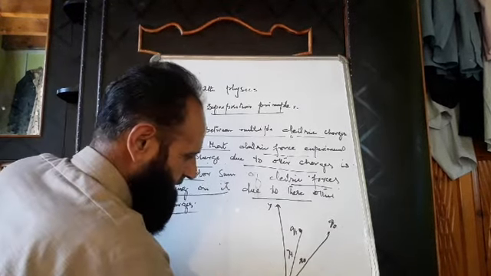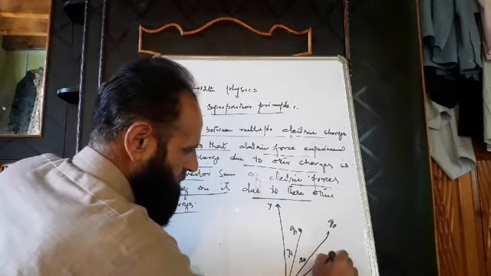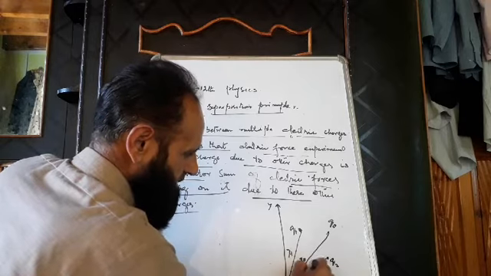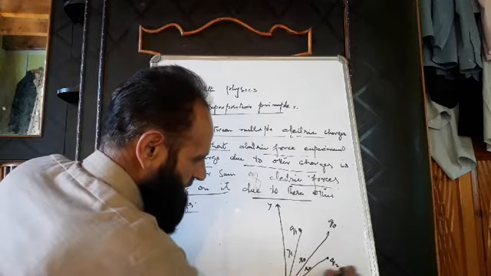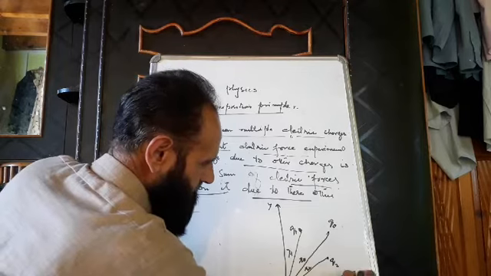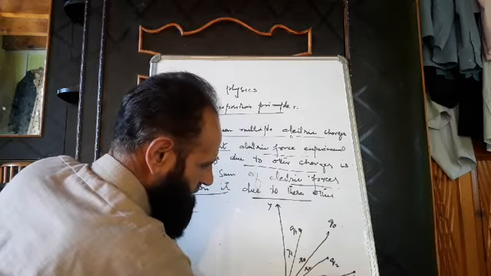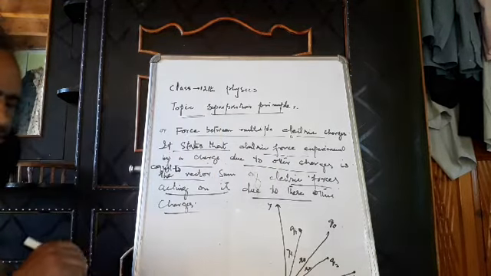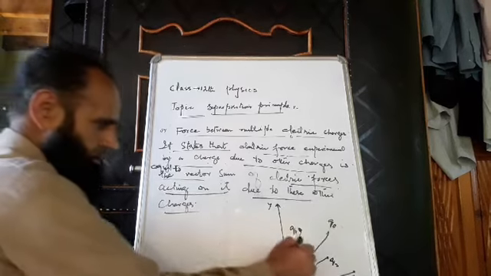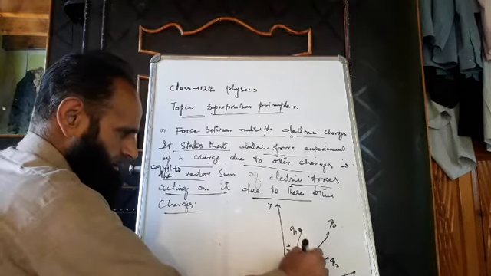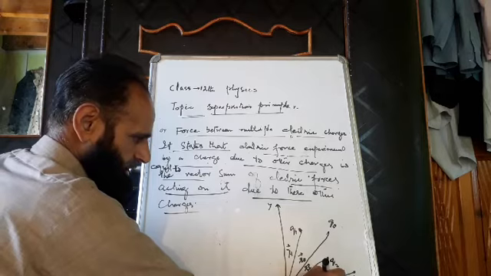Let us take another charge Q2 at a distance of R2, another Q3 at a distance of R3. Their position vectors are R0, R1, R2, R3.